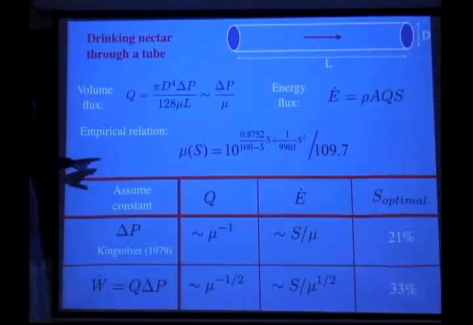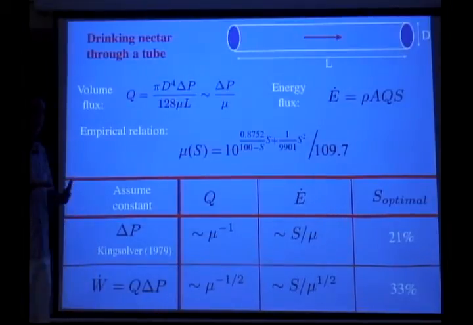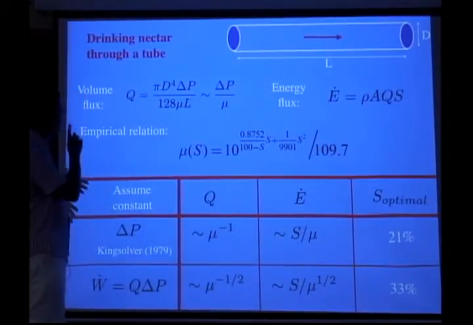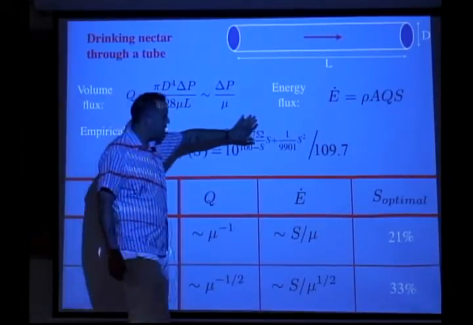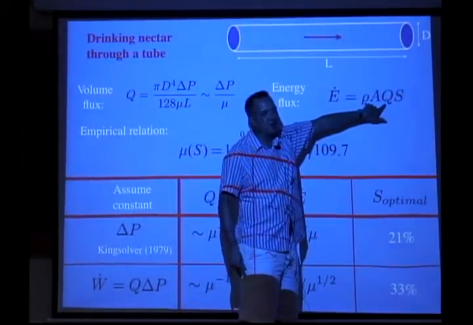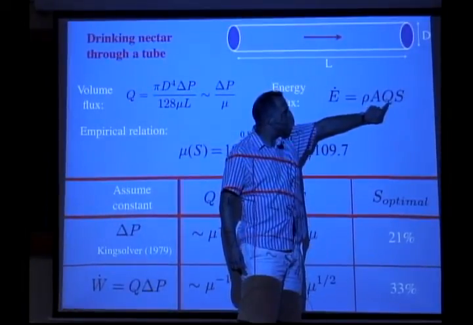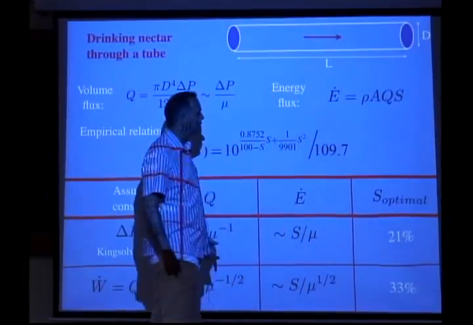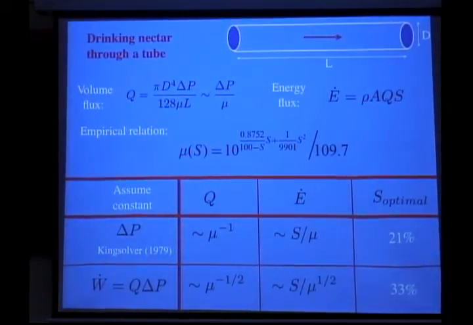The relation here is a bit of a mess, but basically the viscosity of nectar increases exponentially with nectar concentration. So we can write down the volume flux, and what you want to do is maximize this energy flux. Q is the volume flux, S is the concentration of sugar, and A is the area of the tube.